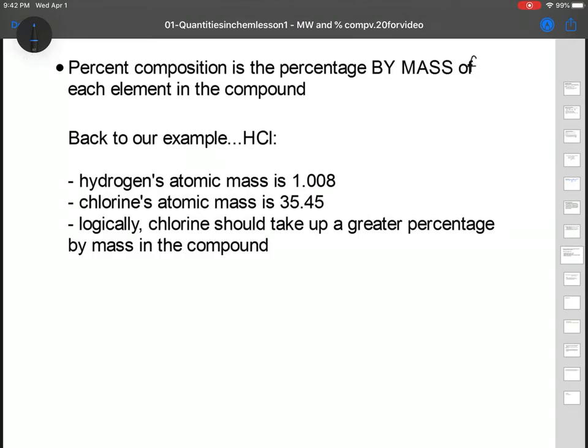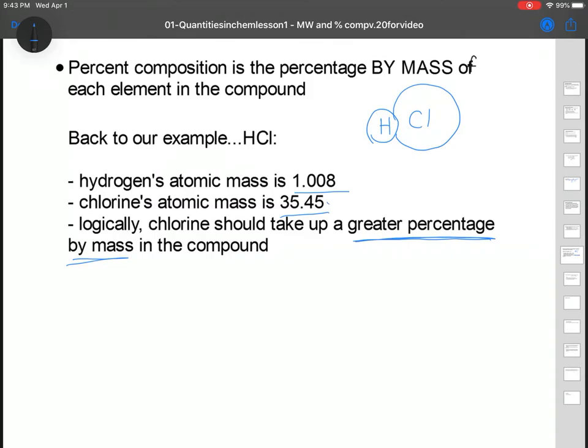However, with hydrochloric acid or hydrogen chloride, hydrogen has a tiny atomic mass and chlorine has a much larger mass, which means that the chlorine is going to take up a greater percentage by mass in the compound. So if you could represent a molecule using circles, the representation should show chlorine with a much larger atom.